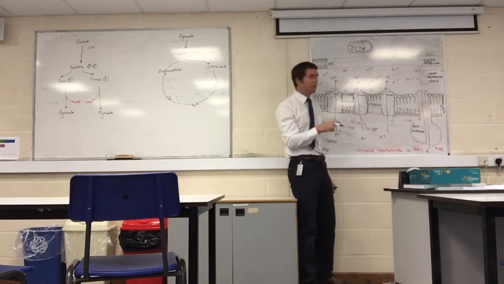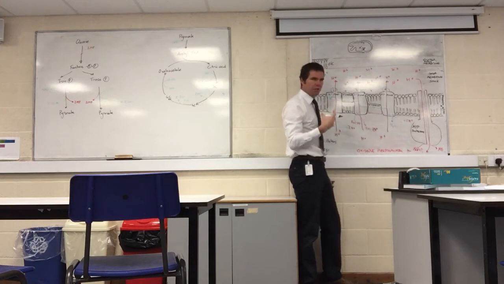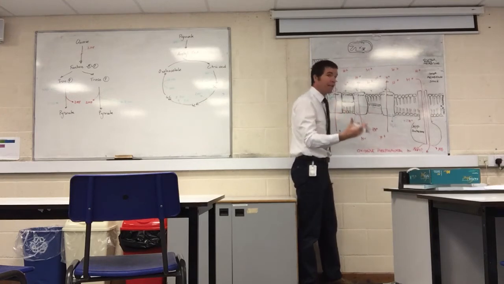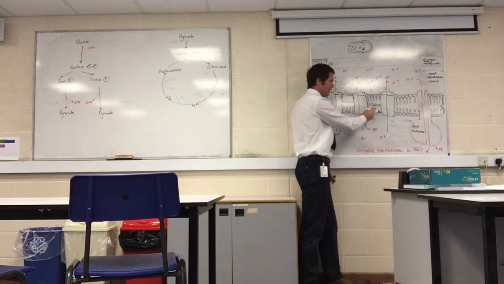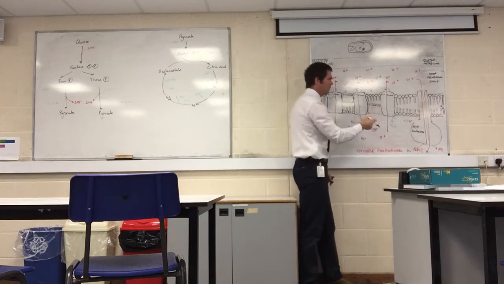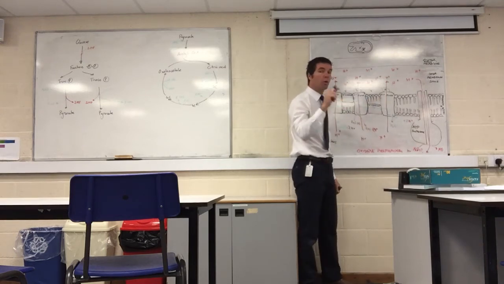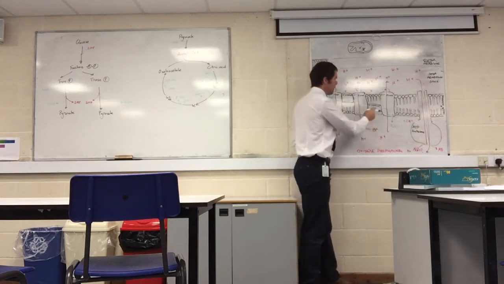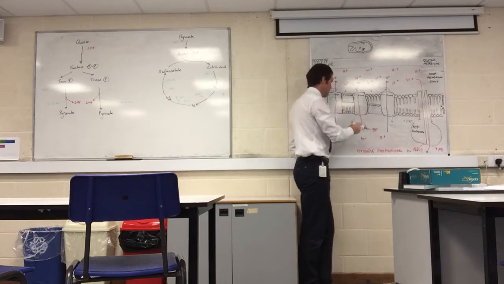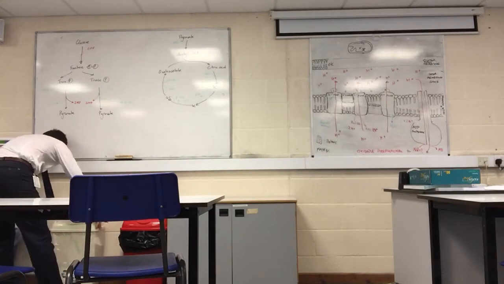Consequently, this proton pump has those 2 electrons and can't get rid of them. Which means this electron carrier can't pass on its electrons to the final protein, the proton pump, or hydrogen ion pump. This one can't pass on its electrons, and the same with this one here.